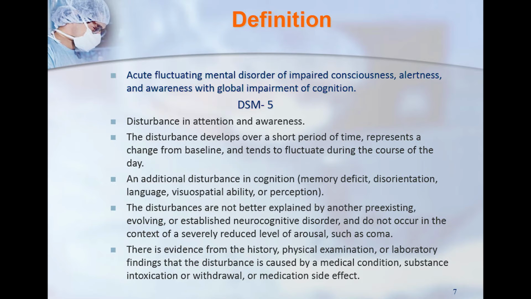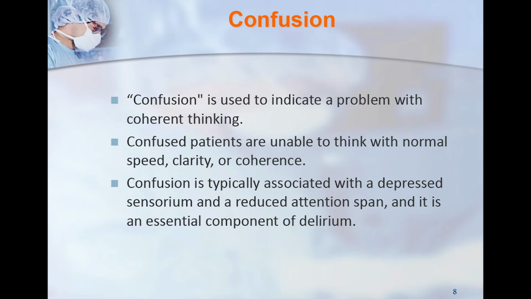So let's dive into what confusion is, and how it is related. Confusion usually indicates a problem with thinking. In a patient with any incoherent thinking, this is confusion. Confused patients are not able to think. So confusion means abnormal or incoherent thinking.